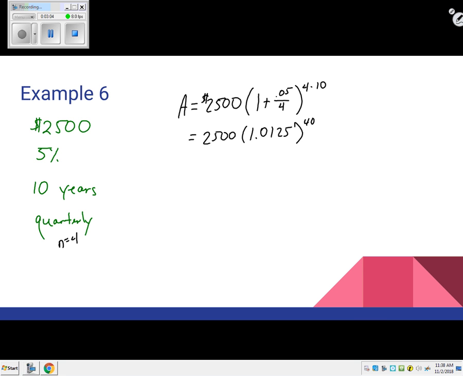By the time I do the compoundings and the percent interest, I'm just taking my $2,500 and applying this growth factor 40 times. Order of operations says I have to do that exponent first. So I take that number to the 40th power and then multiply by 2,500. My account now is $4,109.05.